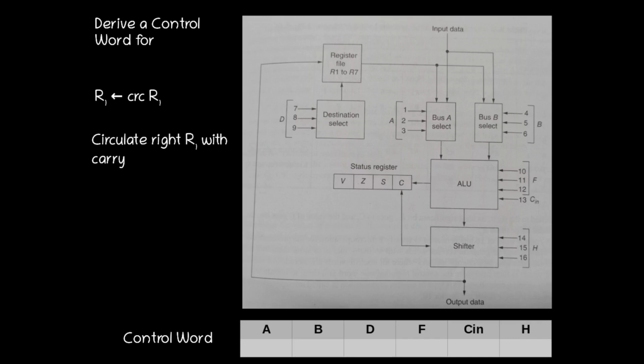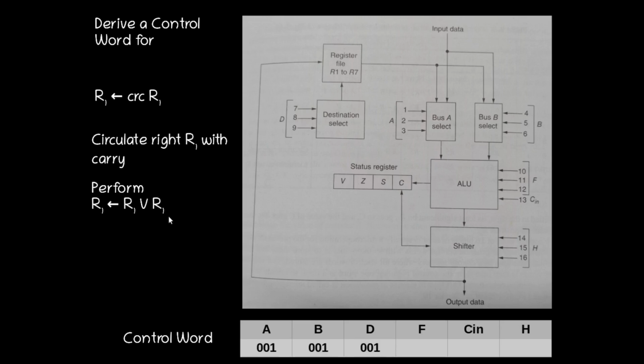Next we can consider R1 = CRC R1, circulate right R1 with carry. In this case also, first we need to transfer R1 to the output of the ALU. For that purpose we can perform a logical OR operation, that is R1 = R1 OR R1.